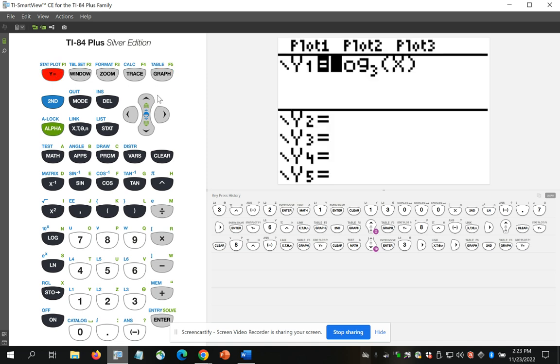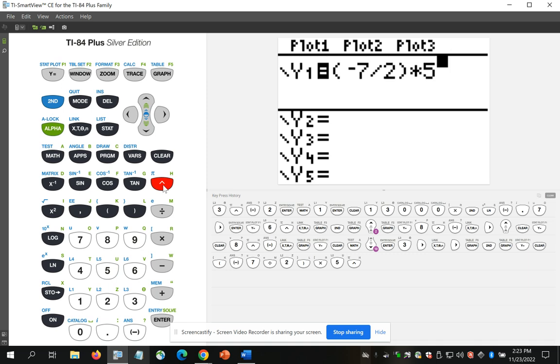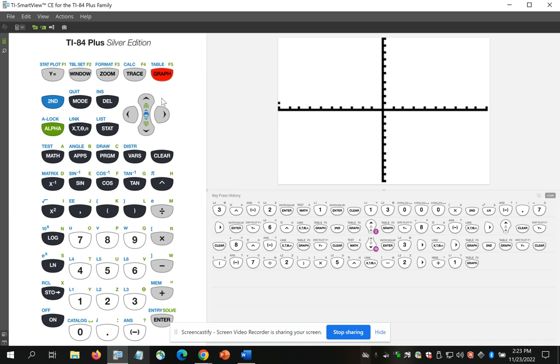So I go to y equals, I would have parentheses, negative 7 divided by 2 times 5 raised to the x minus 2 power plus 1. And I'm going to graph.